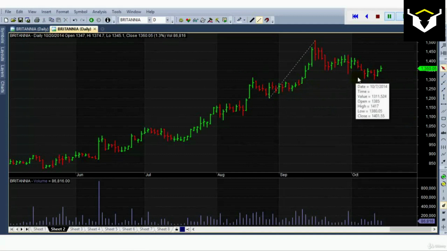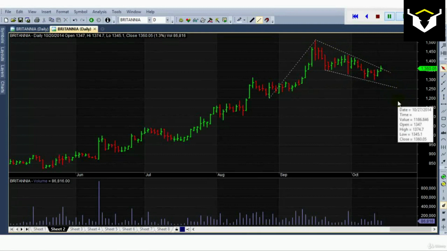This does not look like a rectangle or triangle, but it does look like a flag. You can see we have 2 points here, point A and B. Similarly, we have 2 points on the downside, C and D. And if we draw trend lines from these points, you can see it does look like a fair flag in the middle of a trend.